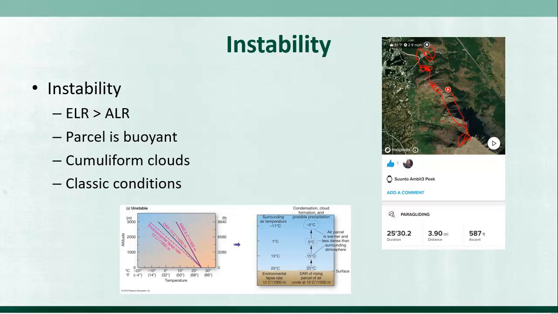The classic conditions of instability take place on a nice, warm, sunny day, especially in the springtime when the air is still relatively cool up high and the ground down below is starting to heat. It makes a steep environmental lapse rate, and any parcels of air lifting upwards have a tendency towards instability and buoyancy. Before clouds start to form and the instability is too great, it makes a good day to go paragliding.